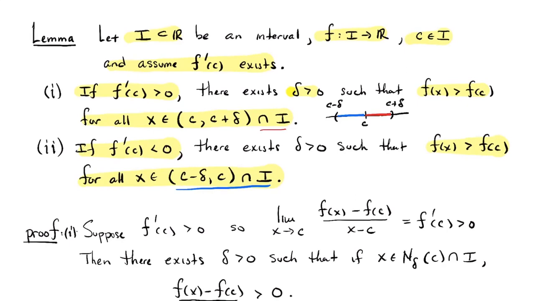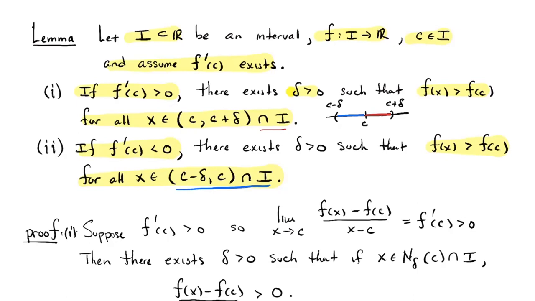That's the point of this: there's some delta neighborhood around c in which there are points whose outputs are bigger. So if the derivative is positive at c, f of c cannot be a maximum. If the derivative is negative at c, f of c cannot be a maximum.